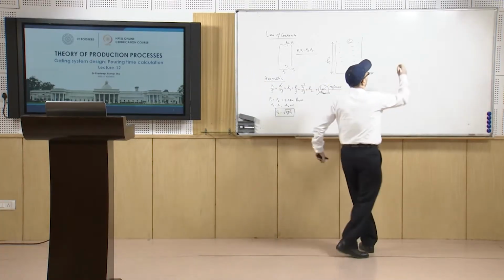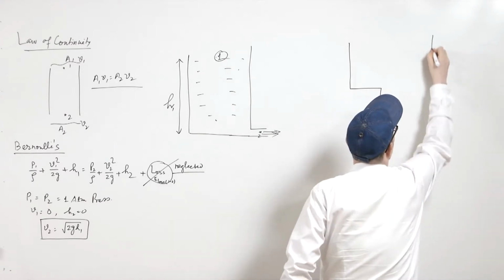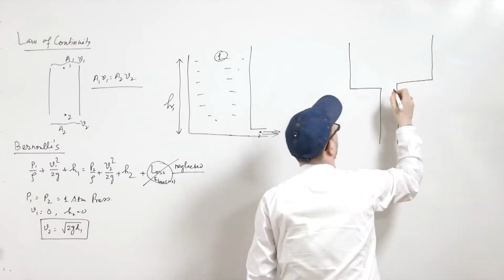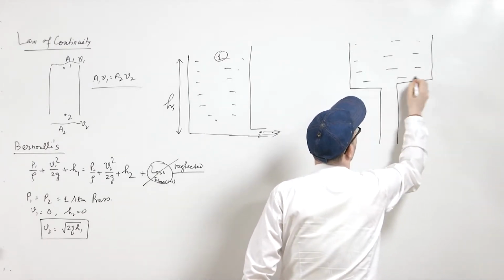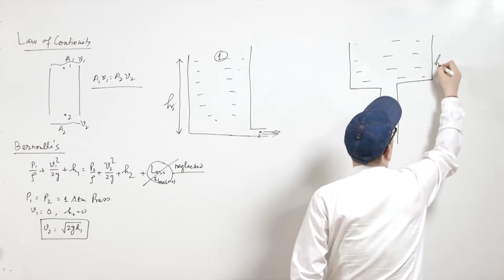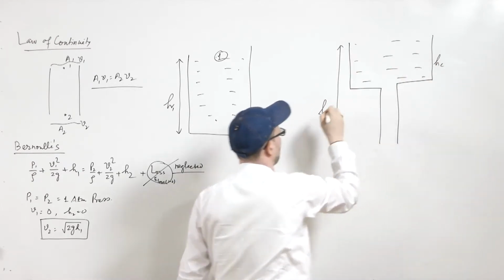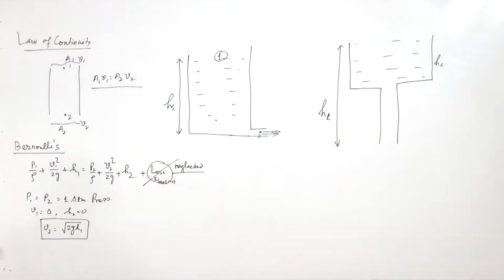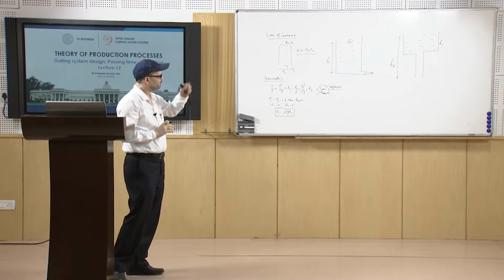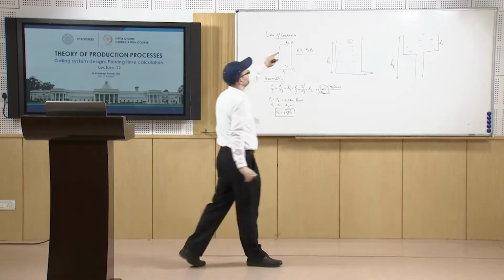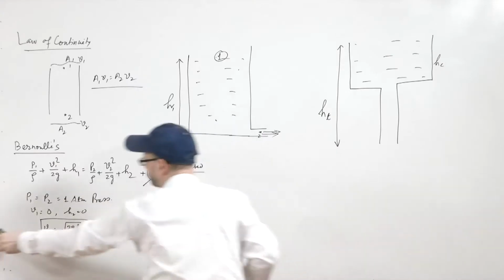Let us say you have a pouring basin, and this height is hc, and this height is ht. In the case of the pouring basin, the liquid metal will be here, and from there it will come through this sprue.